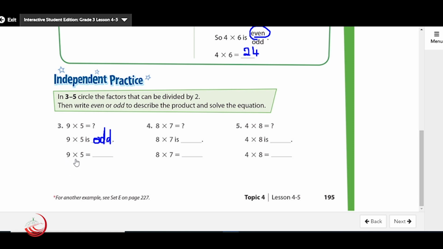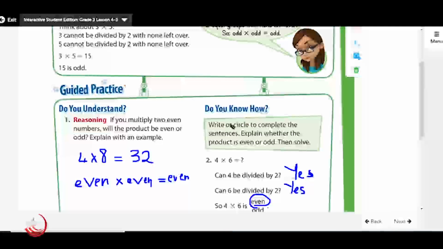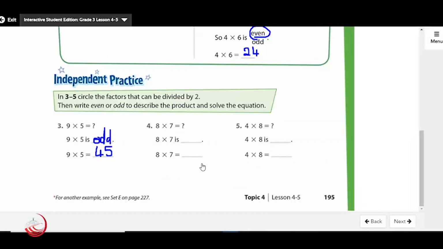Okay, 9 times 5 equals what? You will find what in the ones place. 9 times 5 is 45. And 5 is in the ones place. And 5 is odd, so the whole number is an odd number.